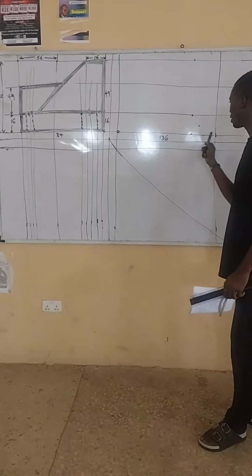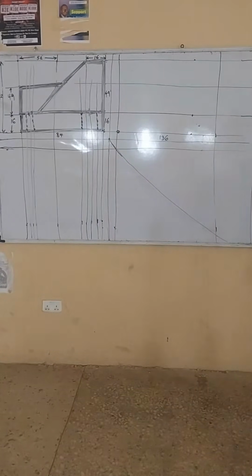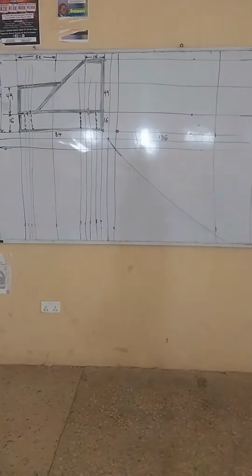So mark 13.6, mark 13.6. Join it and extend it together vertically. That's the first one to determine the total length. So firstly 13.6 to get the total length.